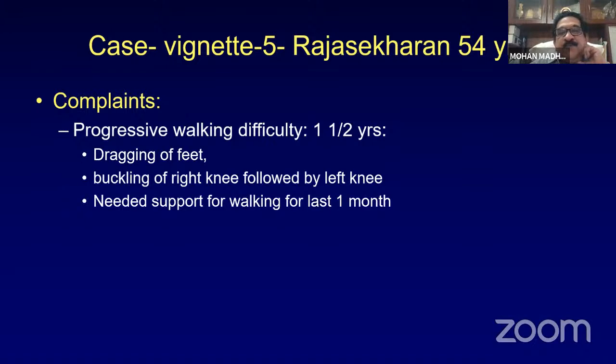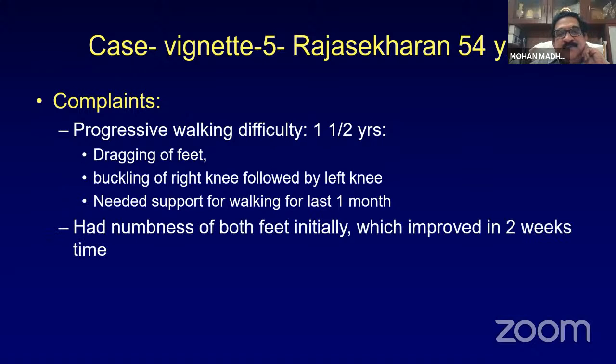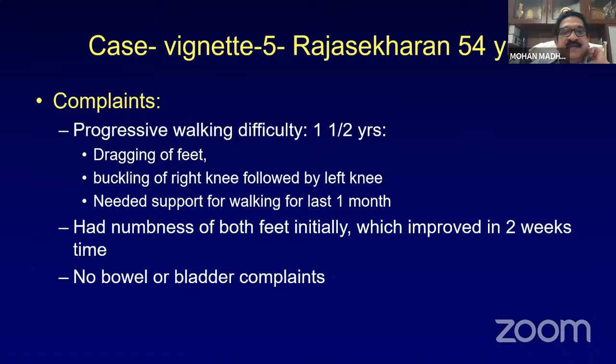He needed support for walking. He had numbness of both feet initially, which improved in 2 weeks' time. No bowel or bladder complaints. So in summary, progressive walking difficulty, probably spasticity, numbness which improved in between, and no bladder complaints.